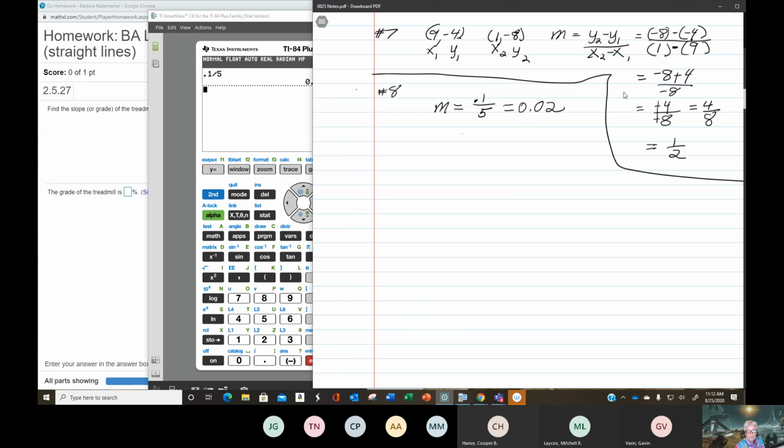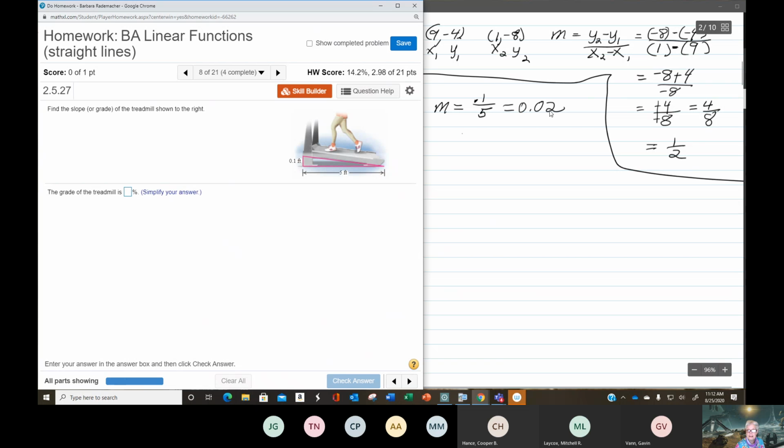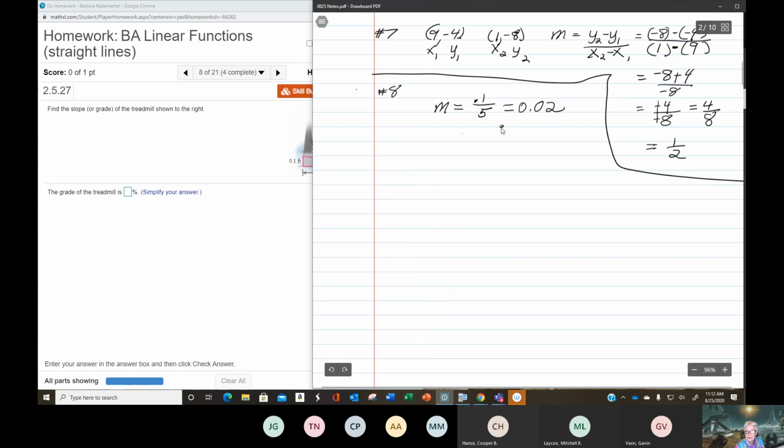Now, that's all well and good, but they want a percent answer, and this is the decimal answer. So we have to take 0.02 and change it into a percent. There are two ways of looking at this, depending on how you were taught in elementary school. Some teachers say just move the decimal point 2 places to the right.